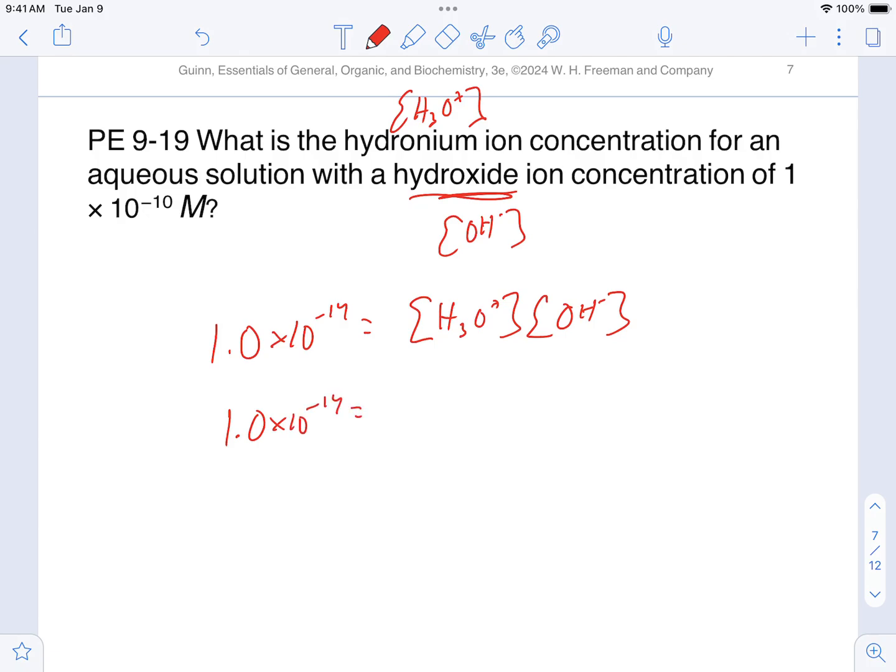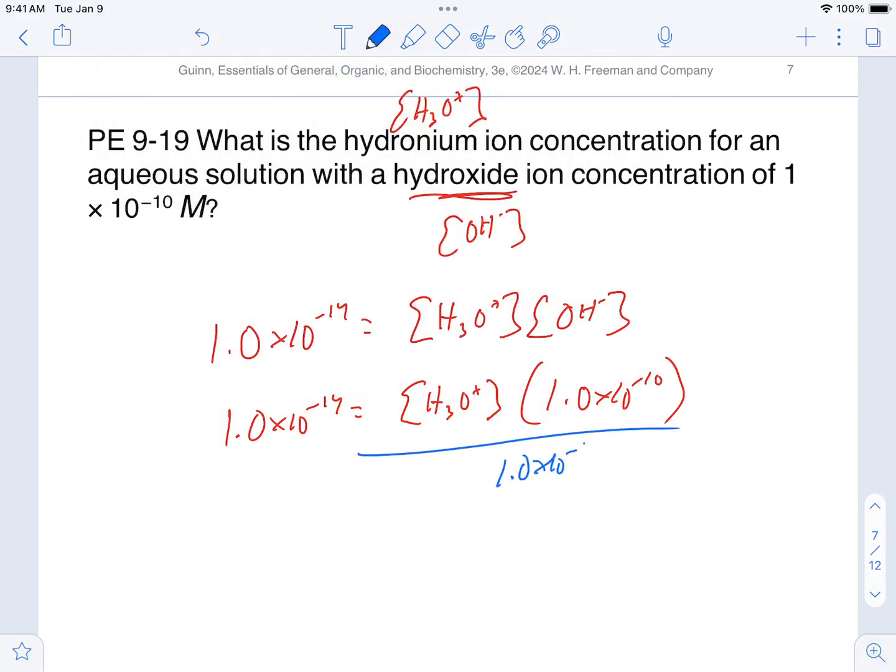So we're going to plug in what we know. And we're going to divide both sides by 1.0 times 10 to the negative 10th. And we get our hydronium concentration of 1.0 times 10 to the negative 4.